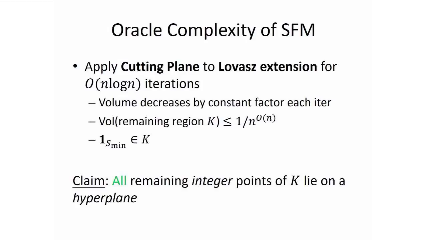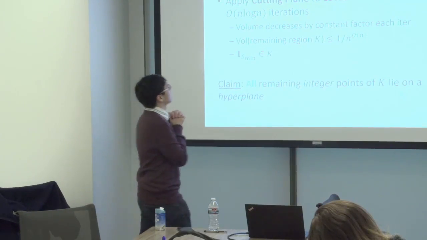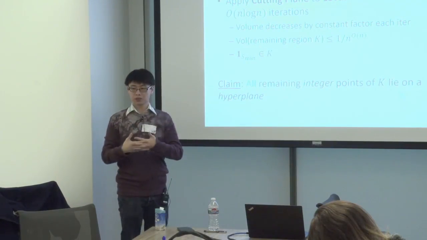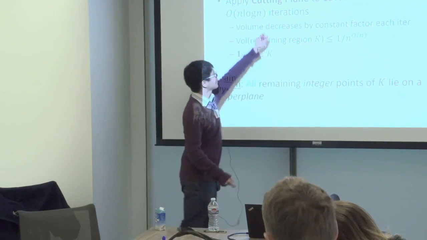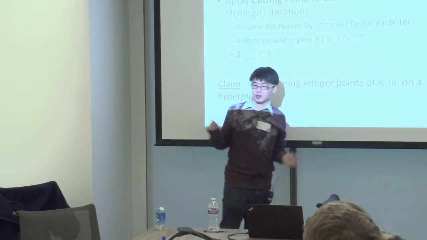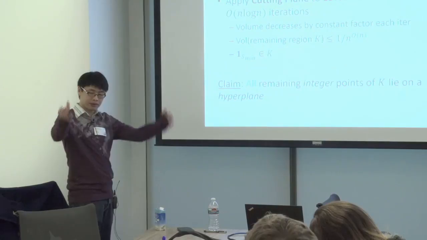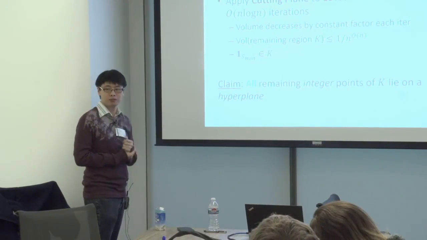So we take the ellipsoid method, and we just apply it to minimize such a relaxation. To get to some exponentially small volume, we need to run it for a linear number of steps. So after order n steps, our remaining feasible region will be very small, 1 over n to the n, basically.